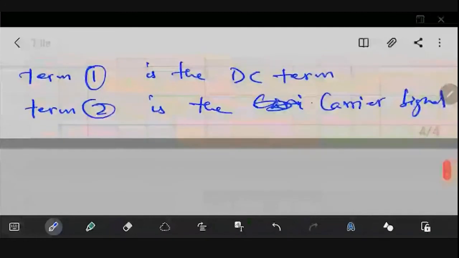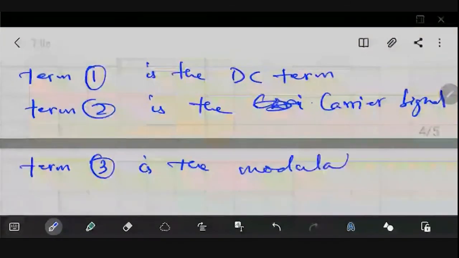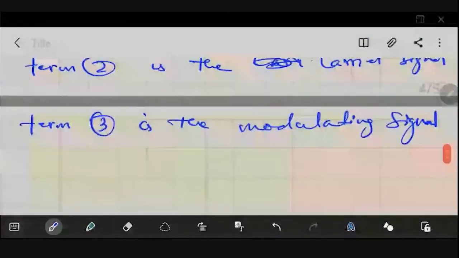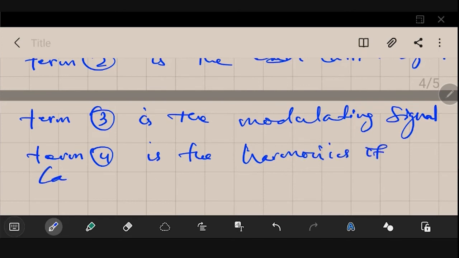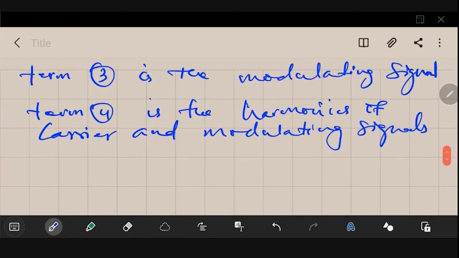Then your term number 3 is the modulating signal, or this is also an input signal. And then your term number 4 is the harmonics. High frequency components, harmonics of your carrier and your modulating signal. So they will also be blocked.